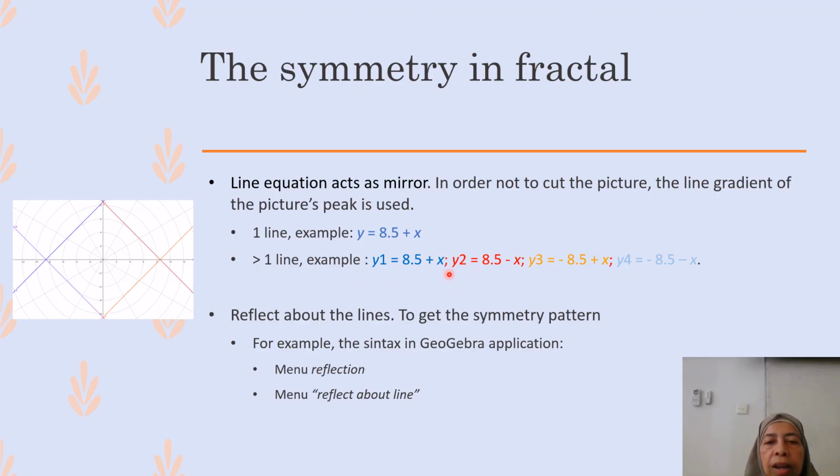Here the gradient is +1 and -1. We will use these lines to help us draw the ornament inside. We can use the menu reflection and reflect about line.